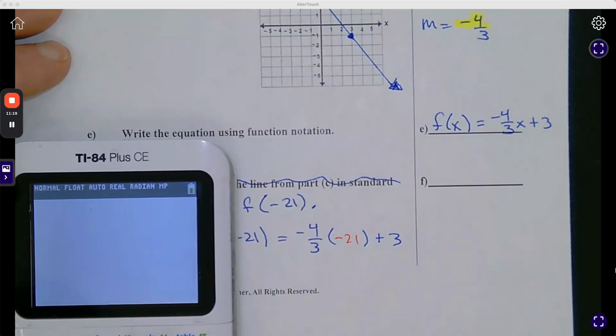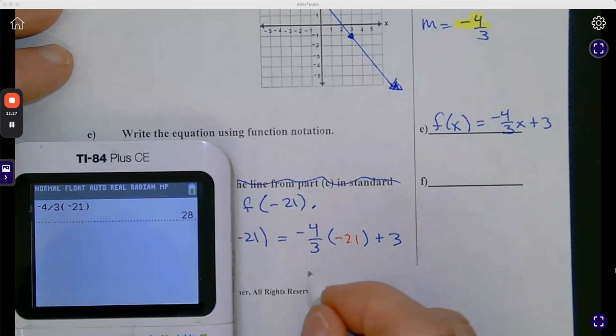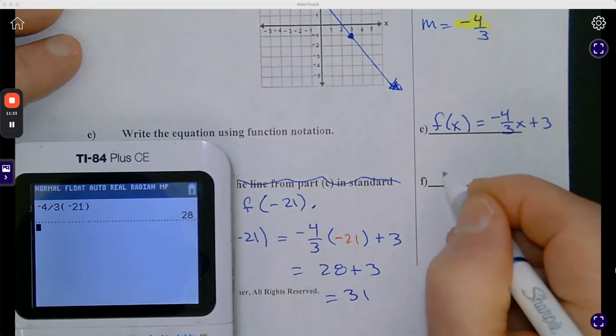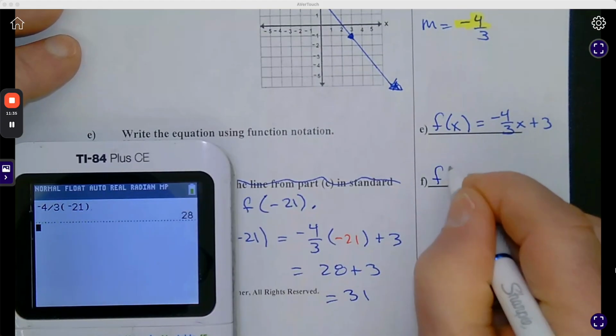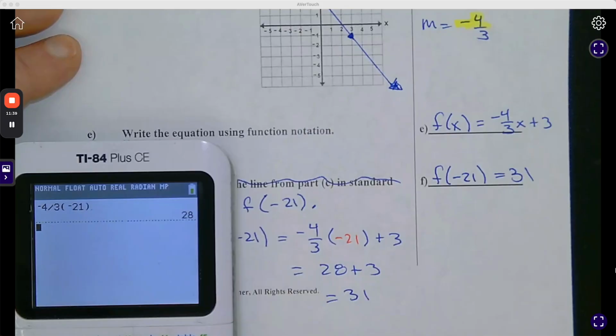So I'm going to do negative 4 divided by 3, open a parenthesis. That means multiplication. And I get 28. So this equals 28 plus 3. Hey, what's 28 plus 3? 31. Now how you write this is you're going to say the f function with an input of negative 21 has an output of 31.